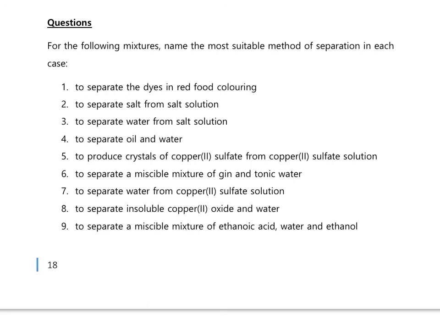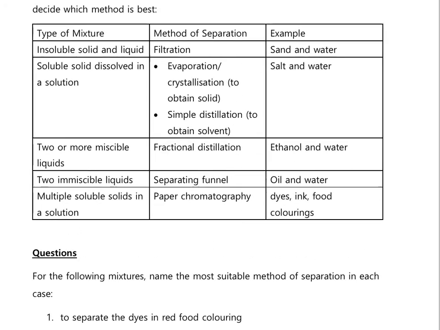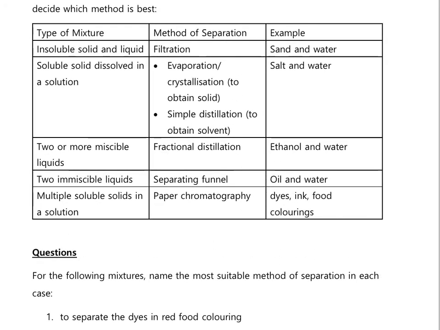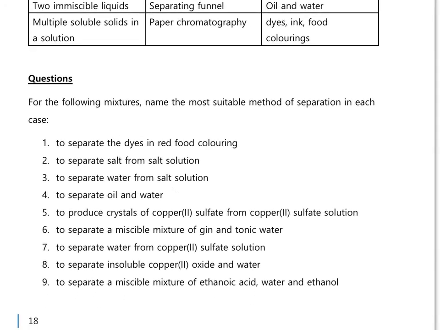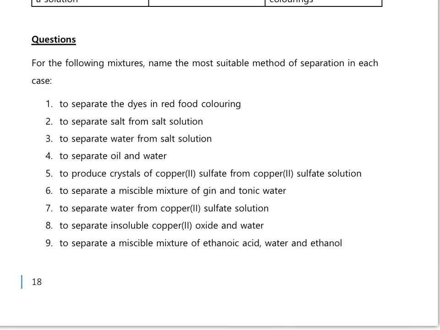Because as we said at the very start of this section, the method of separating technique that we use depends on the properties of the mixture. And that's what hopefully you got across in your mind map, but also you have summarised in the table above. So use the table above to help you as well, or flick back in your notes, or use your mind map to help you as well.